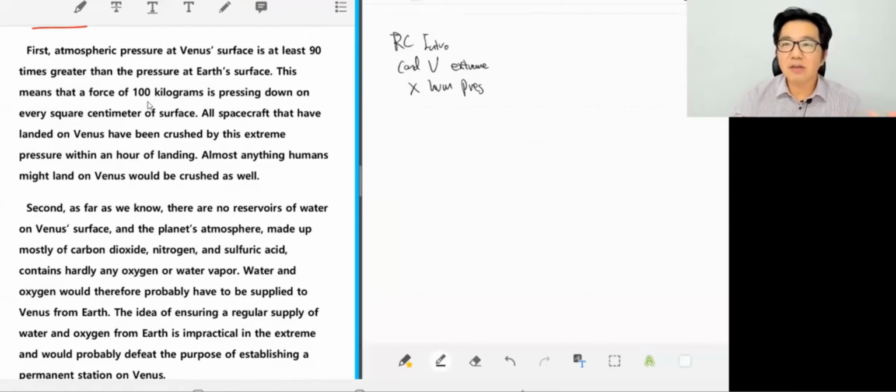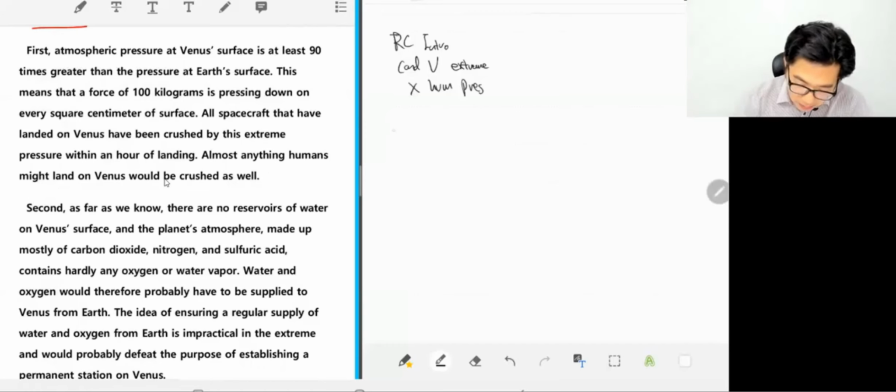So a lot of force will be pressing you down, and you cannot live like on Earth. For example, all spacecraft that have landed on Venus have been crushed. Wow, it's pretty scary. By this extreme atmospheric pressure. Almost anything humans might land on Venus will be crushed as well, right?